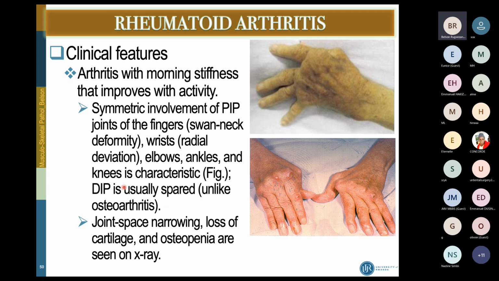The distal interphalangeal joints have no problem here; the problem is here. The joint space is narrowed. There is loss of cartilage and osteopenia, all of which you can see on X-ray. And this narrowing of the joint space is why both bones will easily fuse.